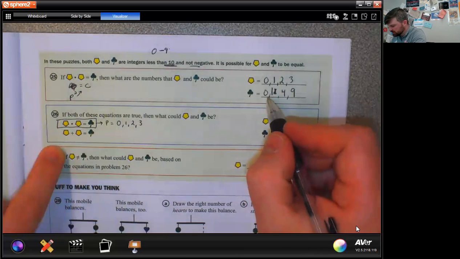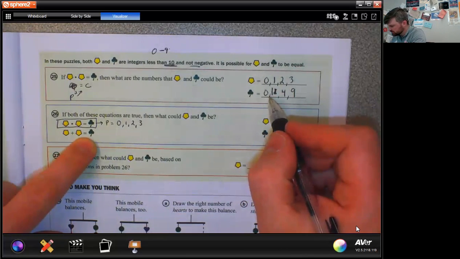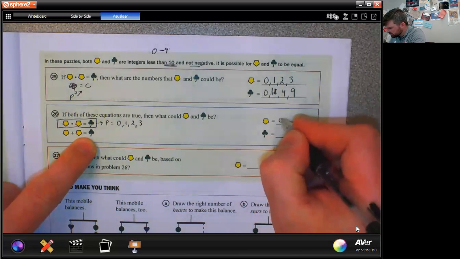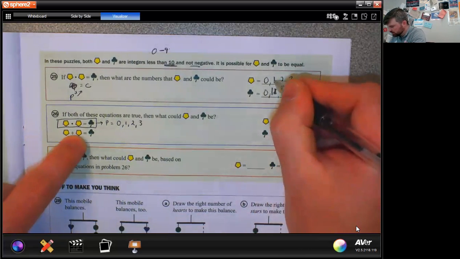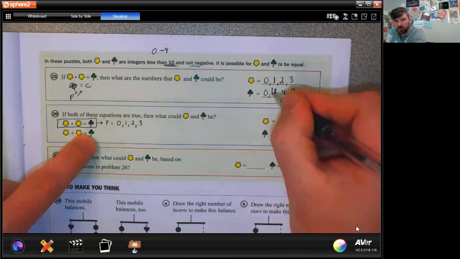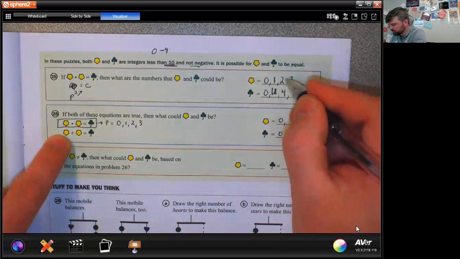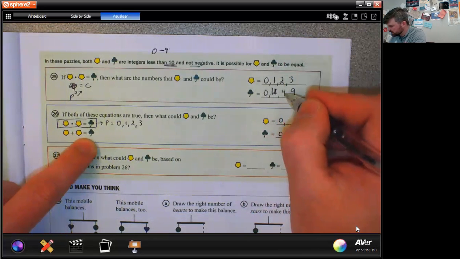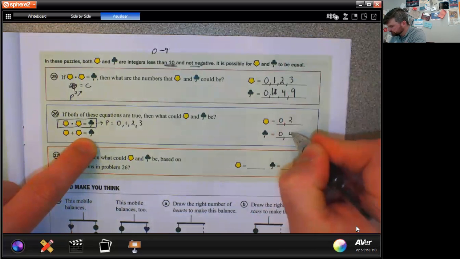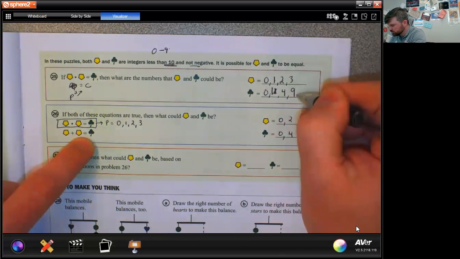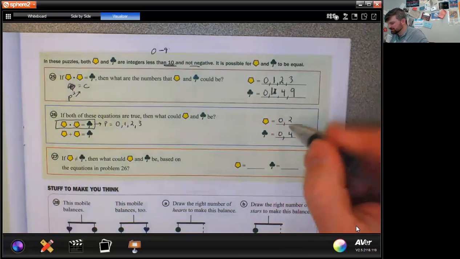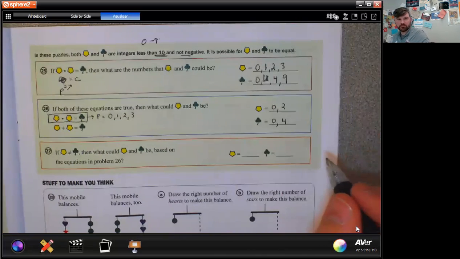So if I put 0 in, 0 plus 0 is still 0. So that one worked. So it could be 0 or 0. If I put 1 in, 1 plus 1, did that give you a 1? No, it gives you a 2. So that doesn't work. 2 plus 2 is 4. So that one worked. And then if we do 3 plus 3 is 6, which wasn't 9. So only these numbers would work out here.